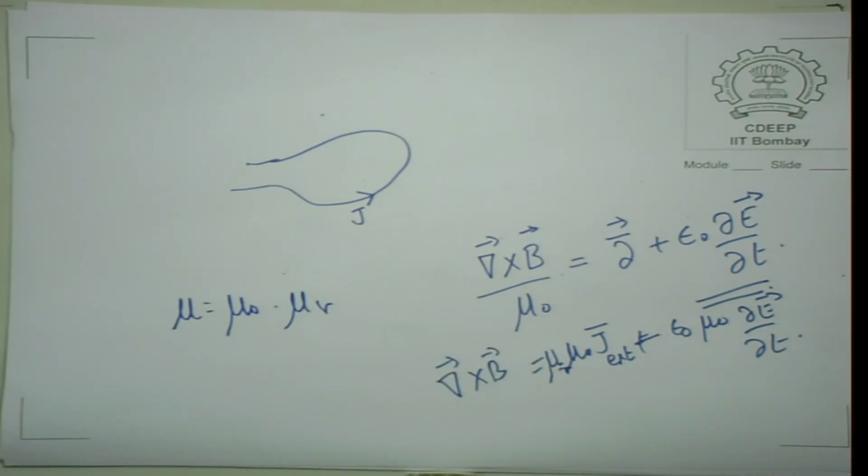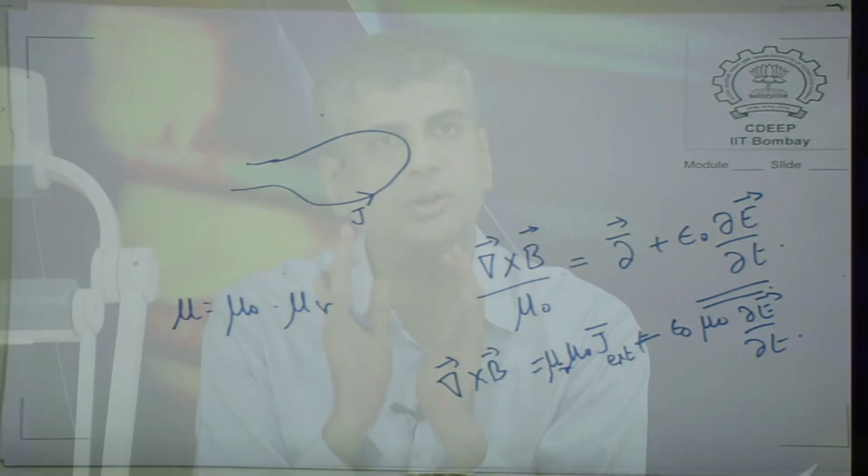This mu r is a rough or coarse way to take into account the effect of these atomic currents. So, when you are actually computing your magnetic field, you will only consider the external currents. The effect of the atomic currents is approximately handled by multiplying mu naught by a factor mu r.